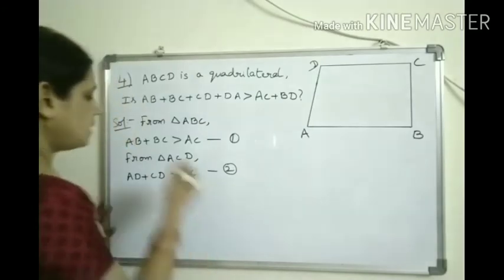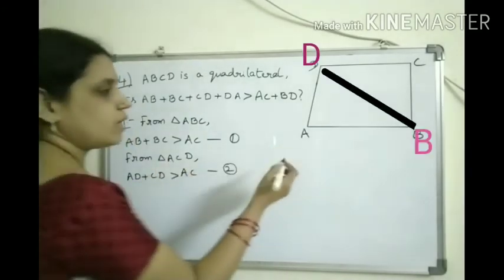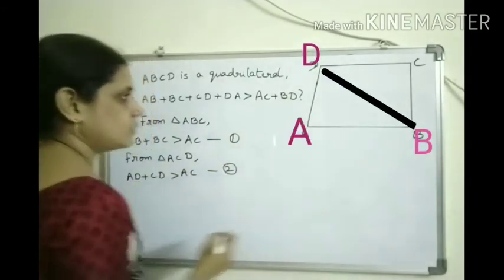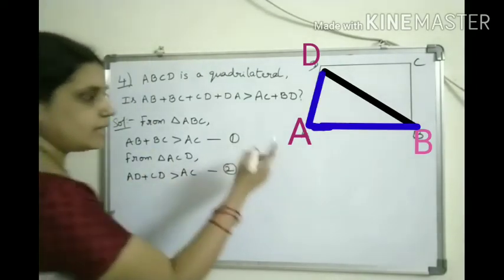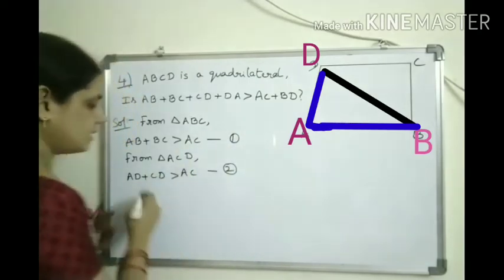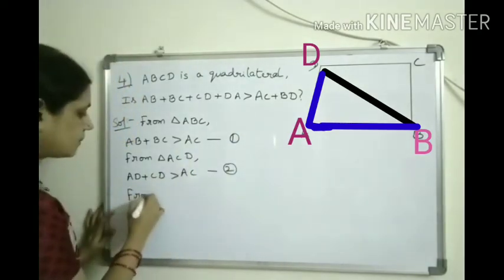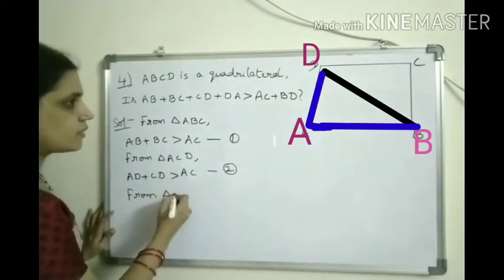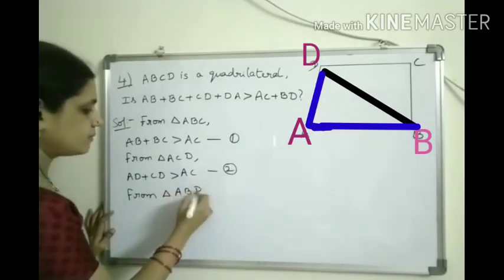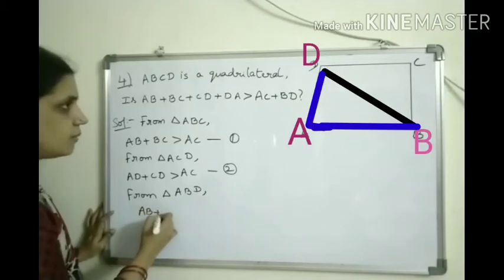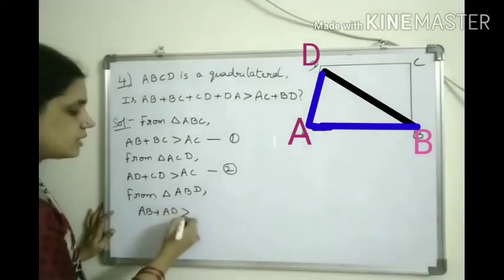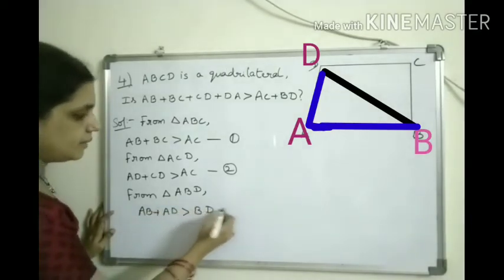Okay. So now I want to draw the BD diagonal. Okay. So now what are the two triangles we get? Triangle ABD and triangle BCD. Now from triangle ABD, what can we write? AB plus AD is greater than BD.